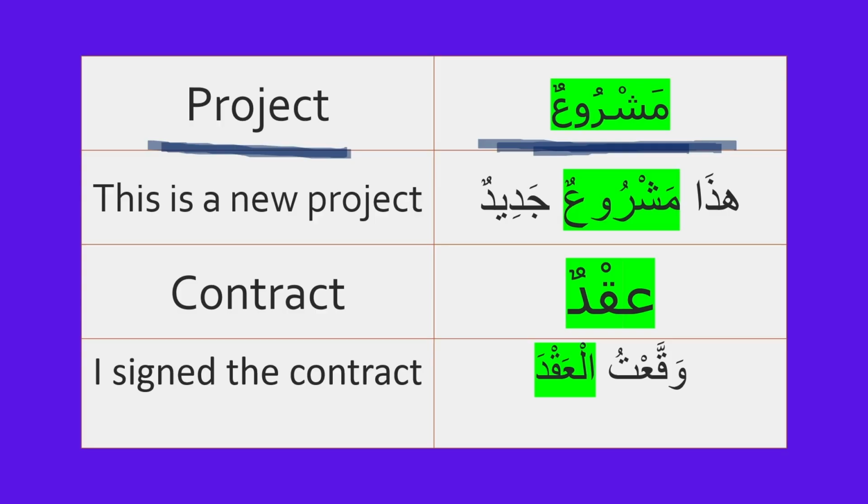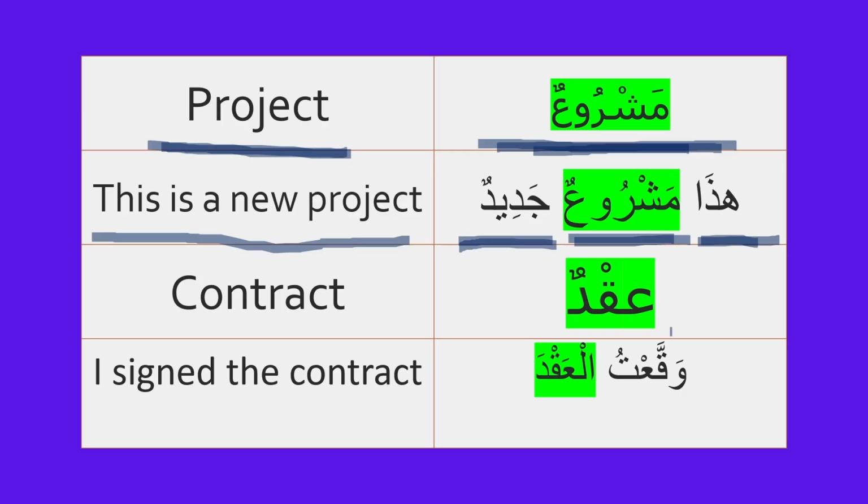For example, هذا مشروع جديد. هذا means this, مشروع project, جديد new. This is a new project.